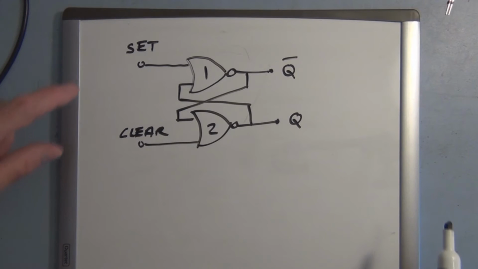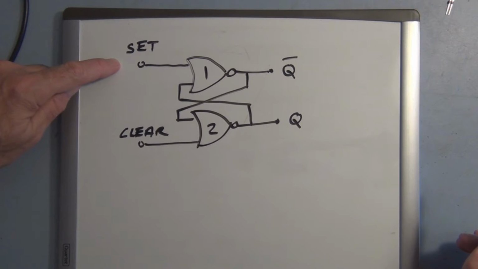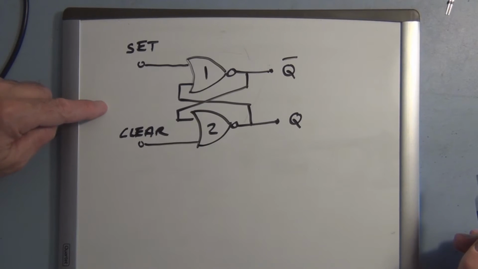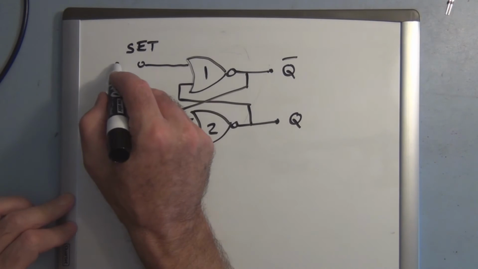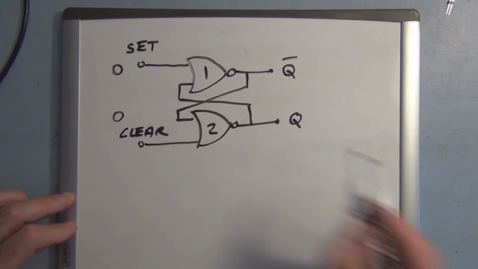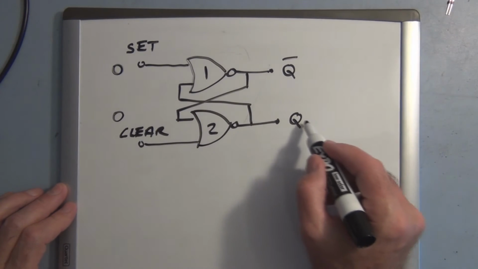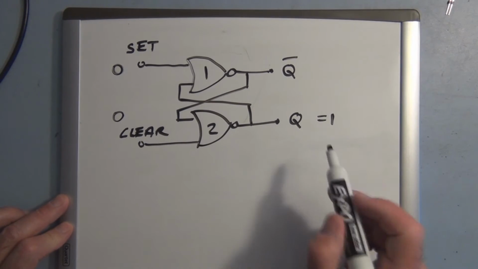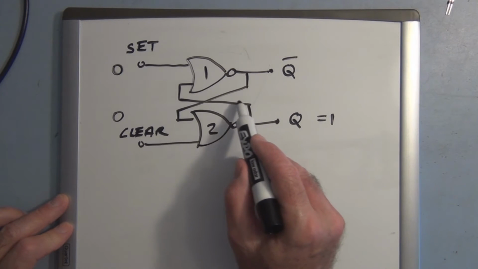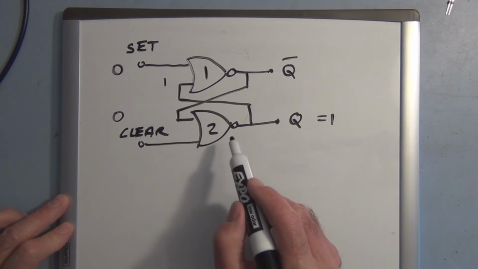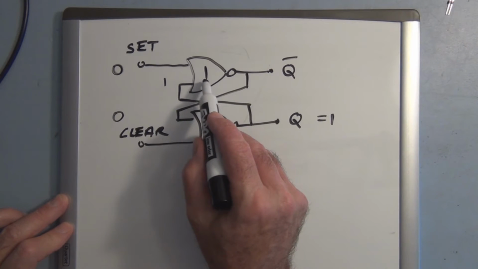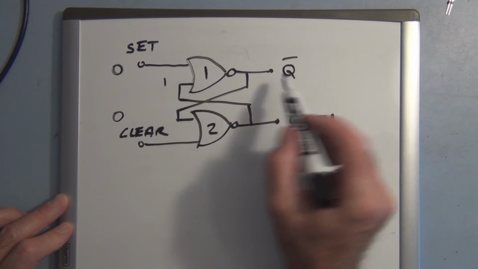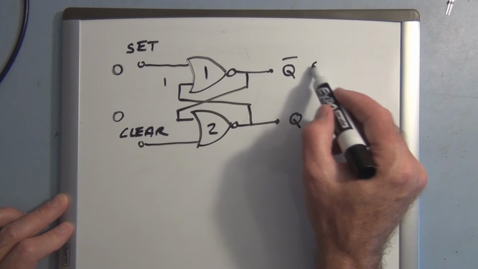So let's look at the first condition with the set equal to 0 and the clear equal to 0, and why we define the output as no change. With both the set and the clear equal to 0, let's start off with Q equal to 1. If Q is equal to 1, this 1 gets fed back to the input of NOR 1. And we know that as soon as there's a 1 on either of these, the output is going to be a 0.